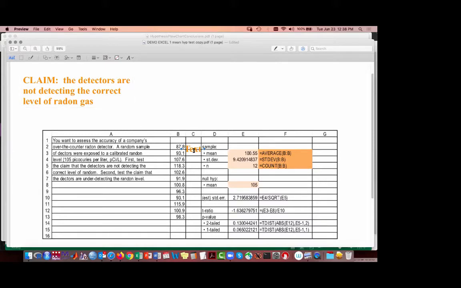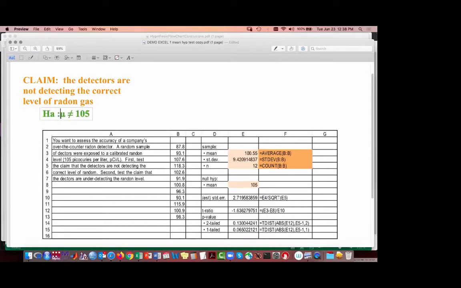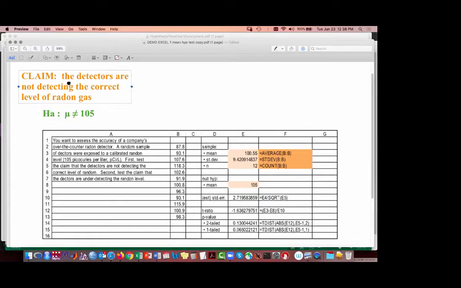So I think it's safe to say that in this context, translating this, we're saying that mu does not equal 105. Again, that is a strict inequality, so that would be the alternative hypothesis, which means the null hypothesis would be the exact opposite of that.